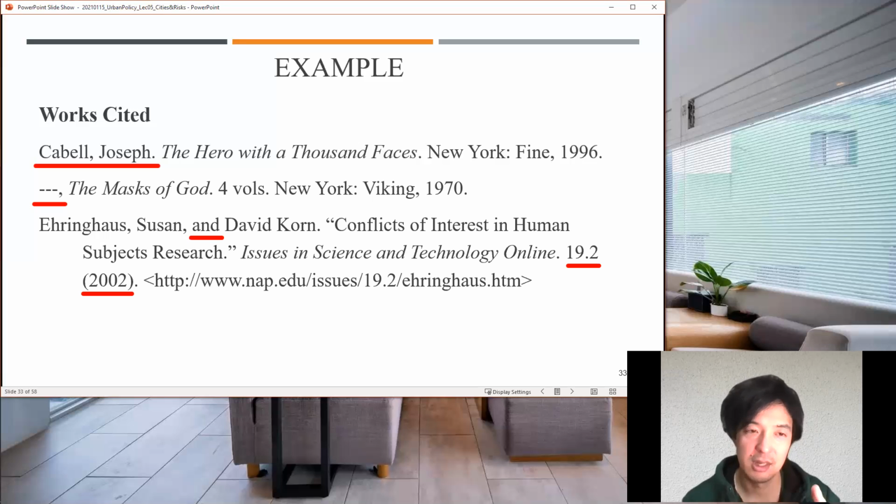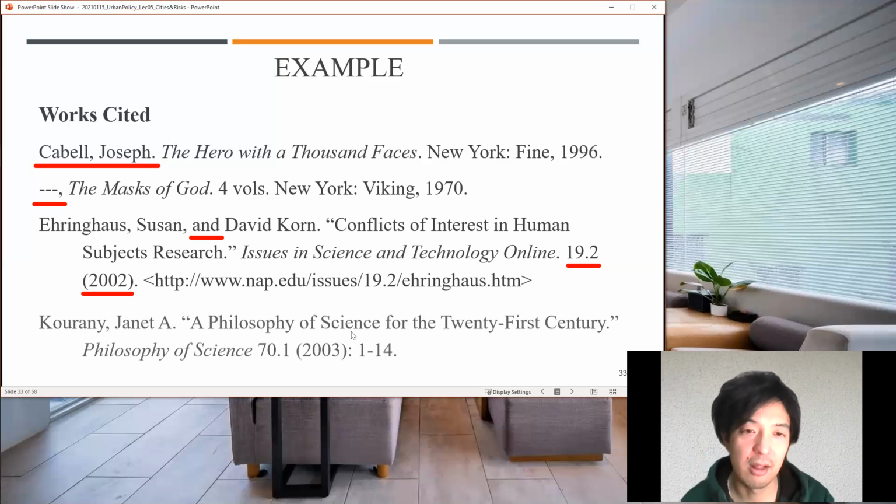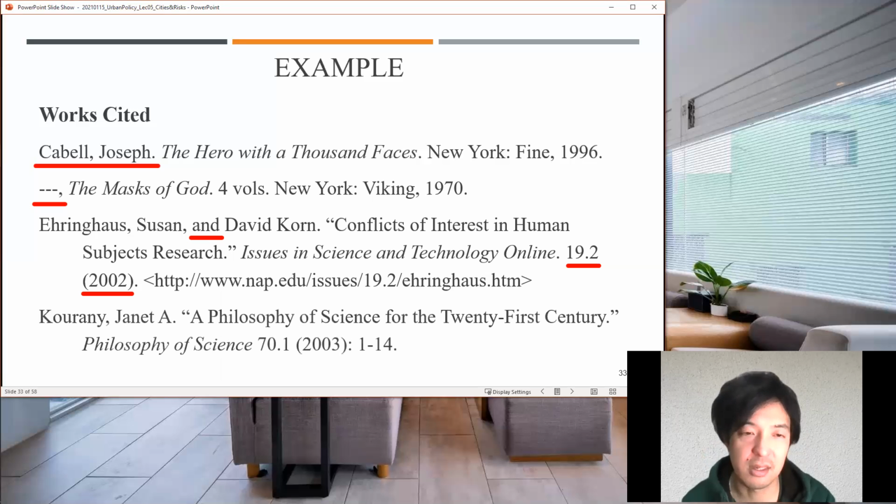You see that the year 2002 is bracketed in this way, right? Look at the last example. This article comes from a scientific journal, and it has definite page numbers.